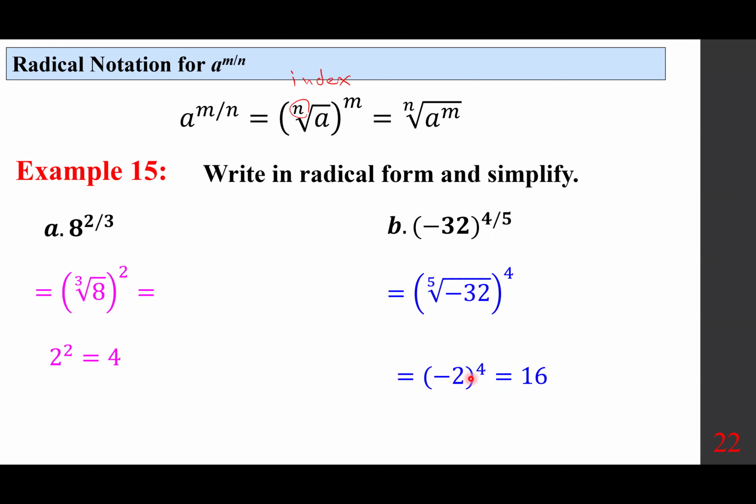When you raise a negative number to an even power, it becomes positive because it's negative 2 times negative 2, 4 times. However, negative 2 cubed is negative 8 because it's negative 2 times itself 3 times. So an odd exponent, okay?